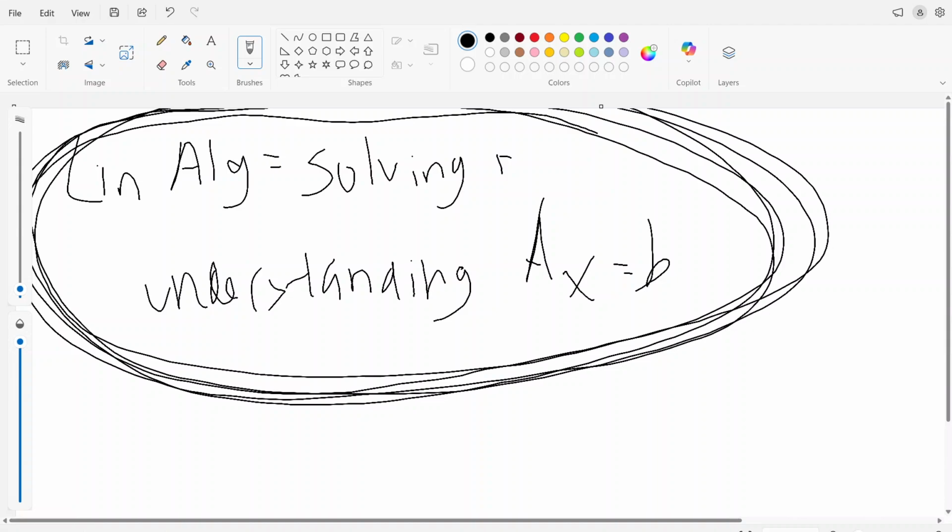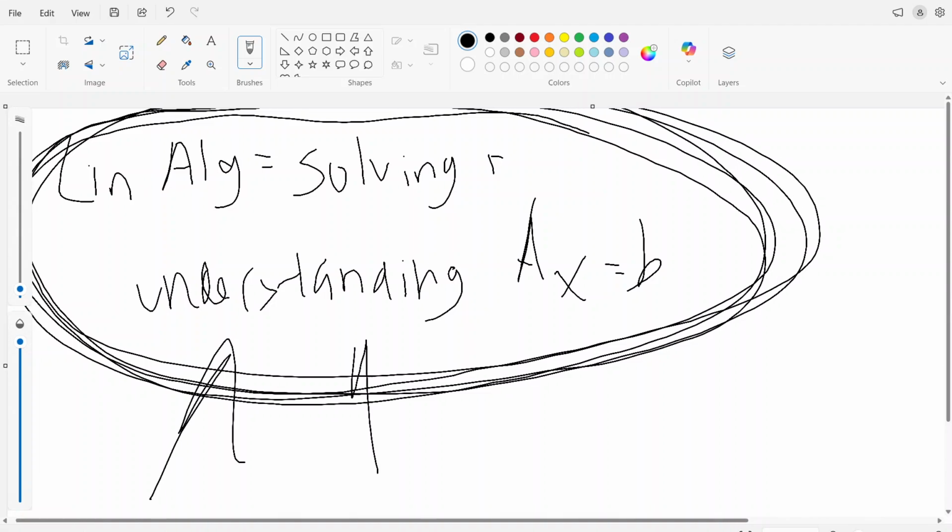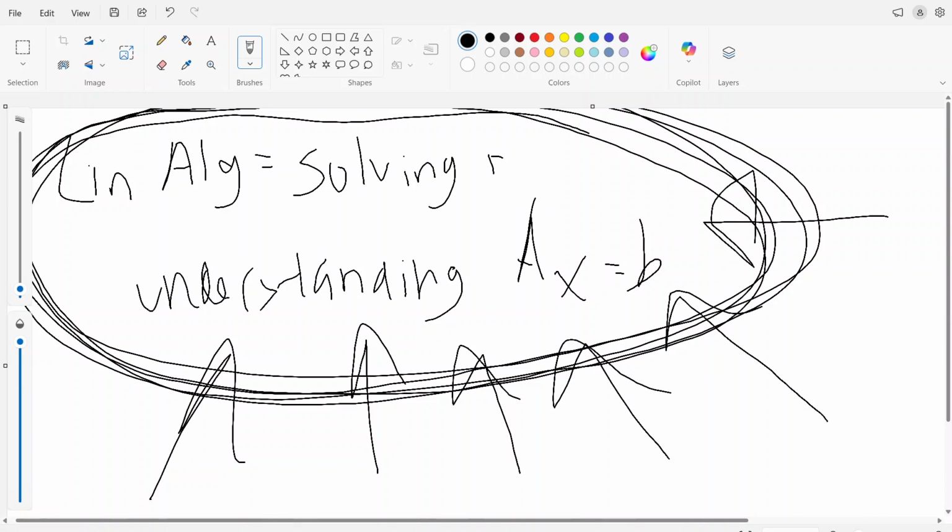So this includes everything from vectors, matrices, determinants, transformations, connected back to this one idea. And that's it. That is linear algebra, and that is a crash course introduction to my fifth favorite thing in math.